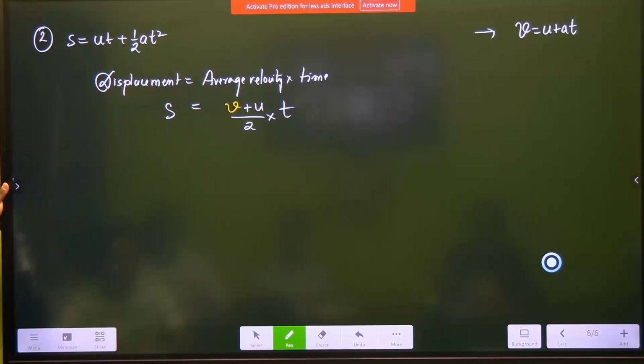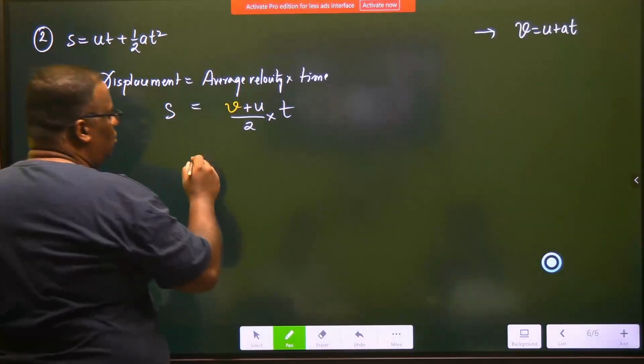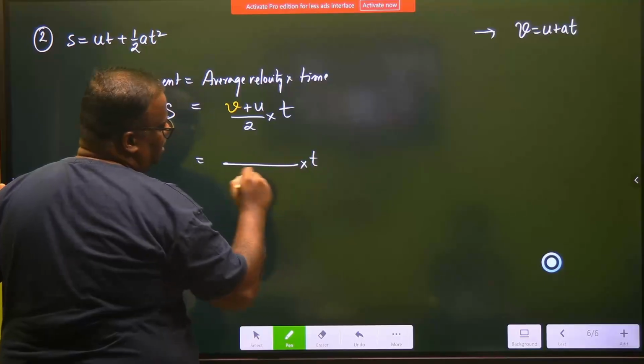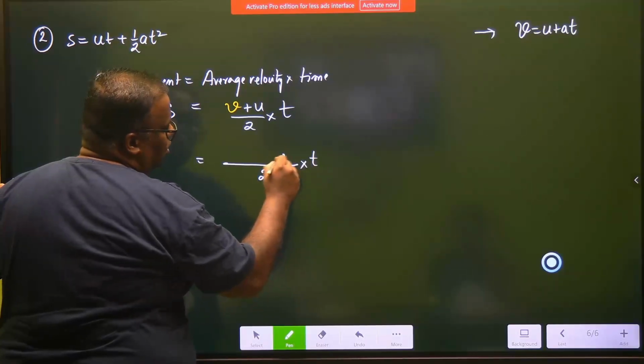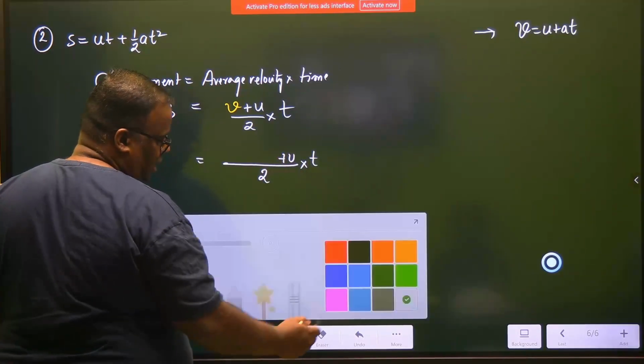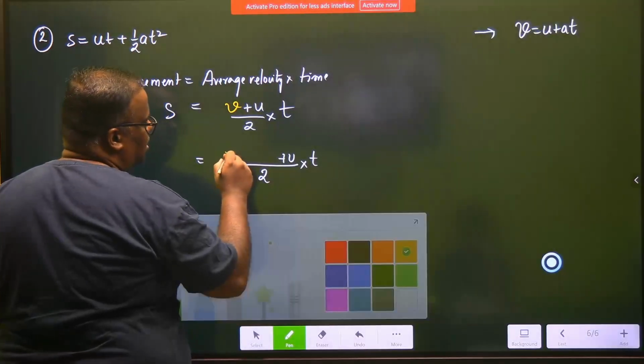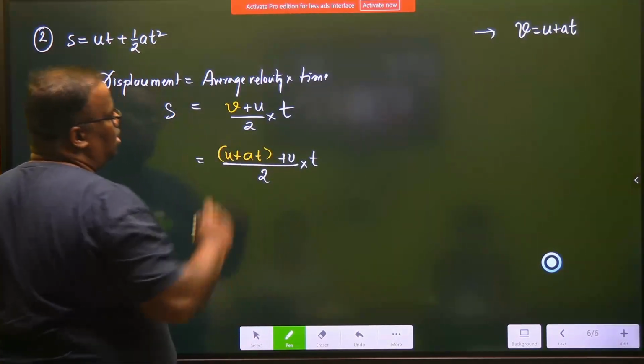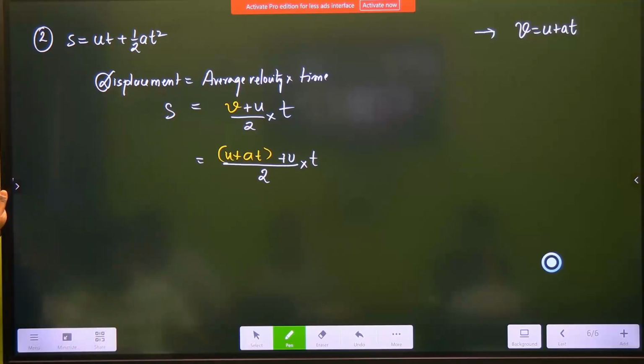I'm writing it in this manner because I want to show you what I am changing. So t remains t, 2 remains 2, plus u remains plus u. Right? And the change is, do you understand now? v has been replaced as u plus at.